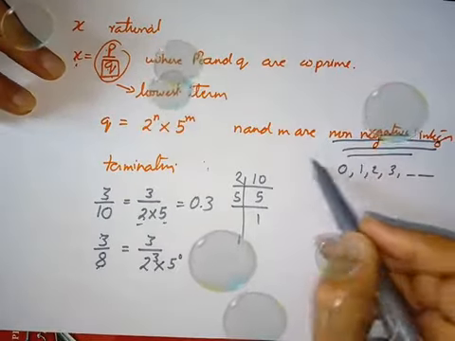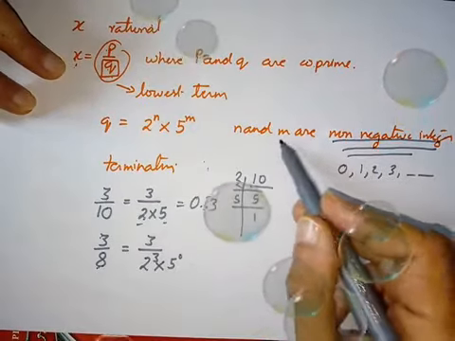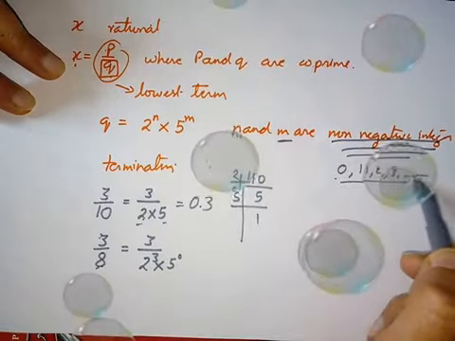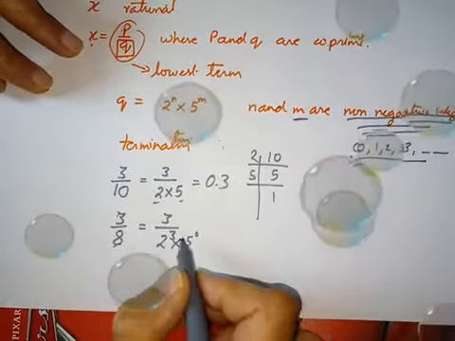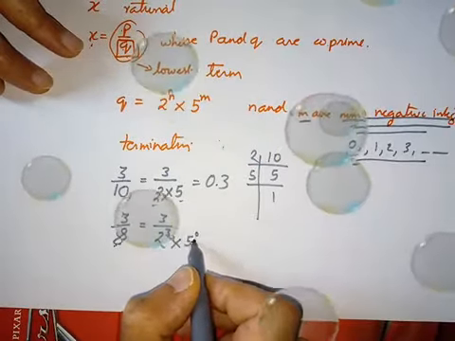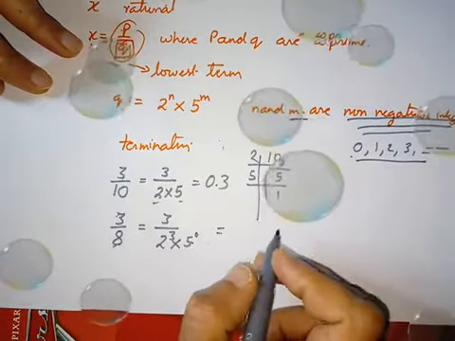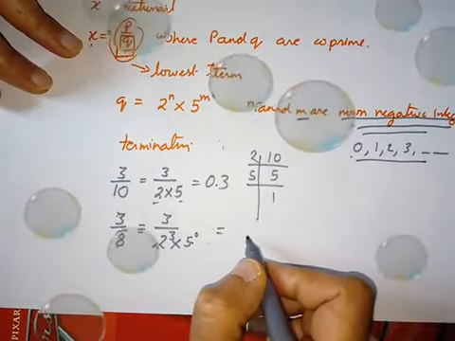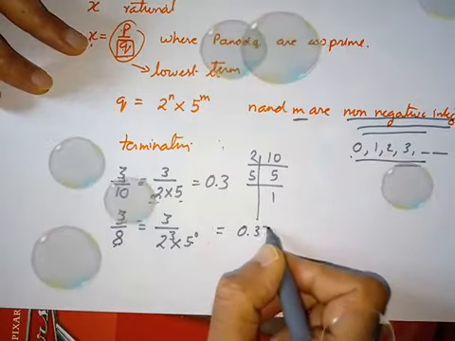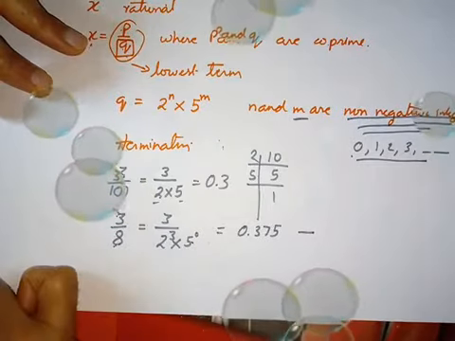Or we can say m can be a whole number, so 0 and all positive values. So if you cannot see 5 there, then you put 5 to the power 0, and on dividing you will get a terminating decimal representation, which comes out to be 0.375. You can check it yourself.